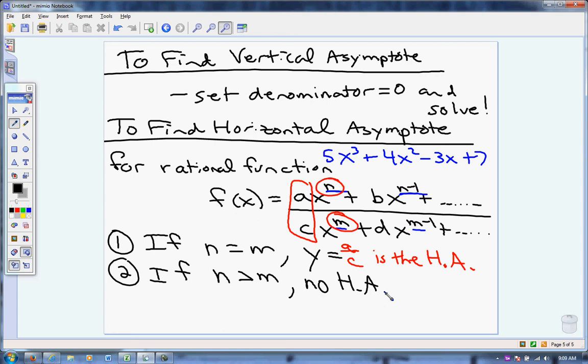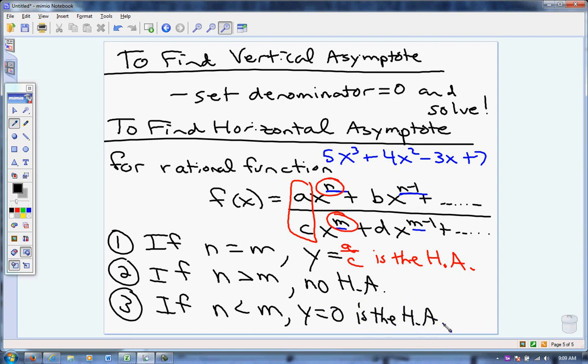And number 3, the only scenario we haven't brought up is if n is less than m. If the top power is smaller than the bottom power, then y equals 0 is the horizontal asymptote. Automatically, it's y equals 0.